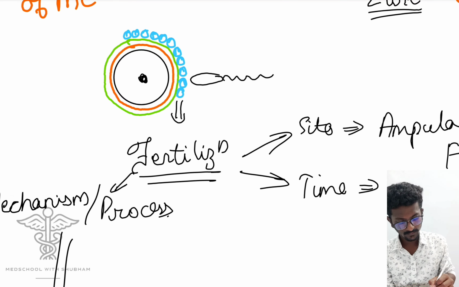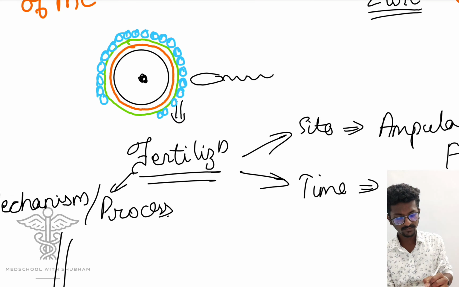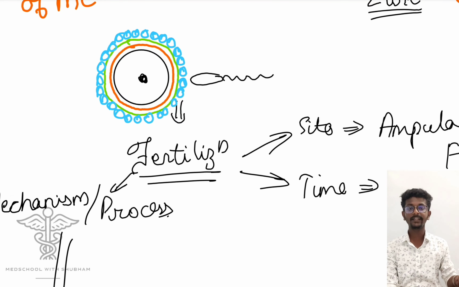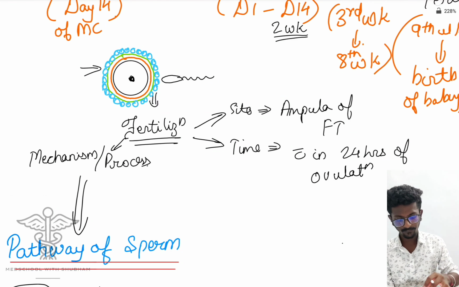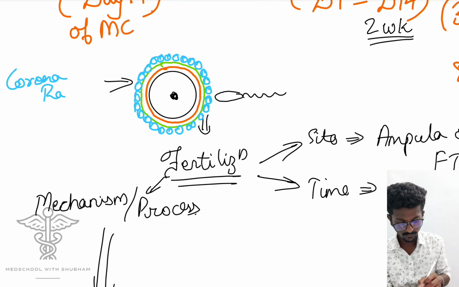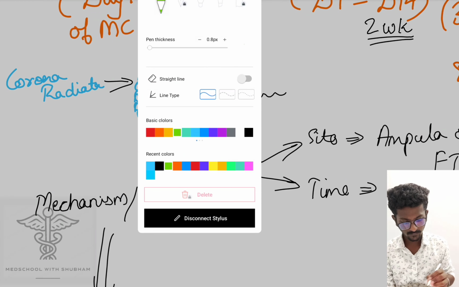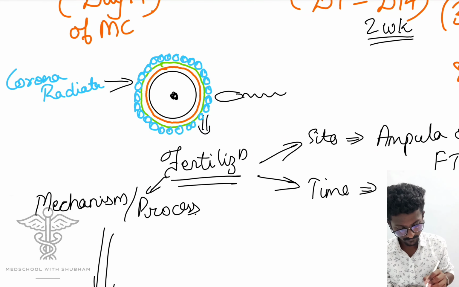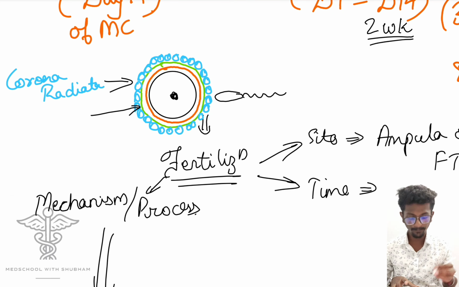These are the cells, the layer of cells which is called the corona radiata cells. So let's name all these things now. This blue color is the corona radiata. Then this green color, we have the zona pellucida.